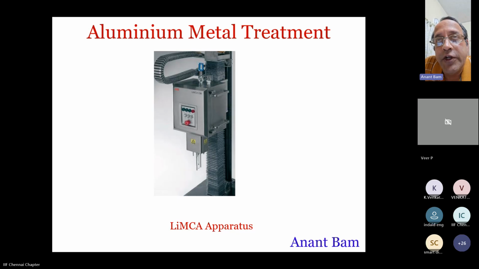K-mold original copy is available at less than 30,000 rupees, but Podfa is available at a nominal cost of about 70,000 US dollars. And Limca is also available in India at a cost of about 80,000 US dollars.